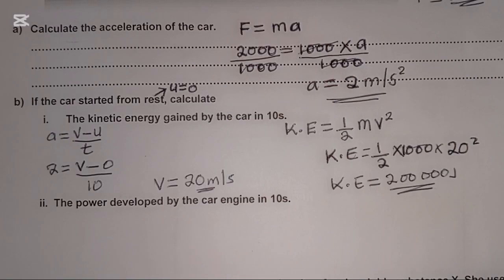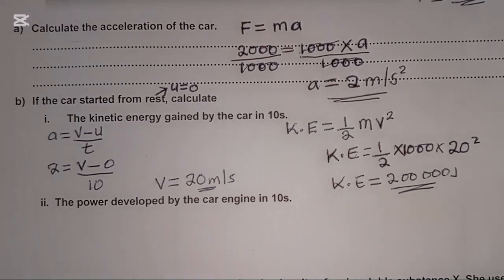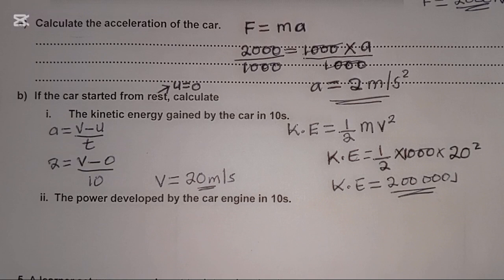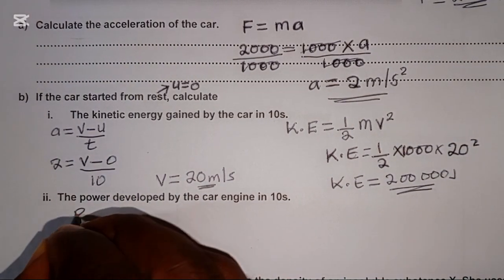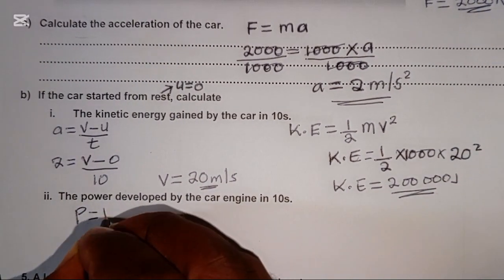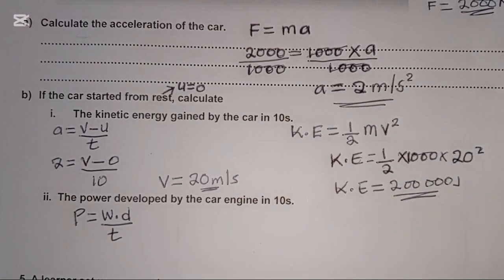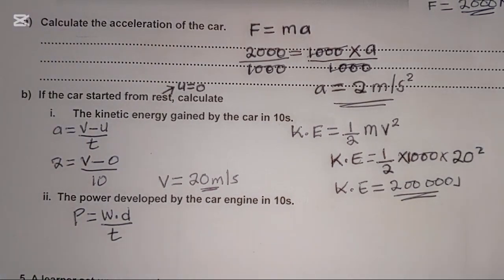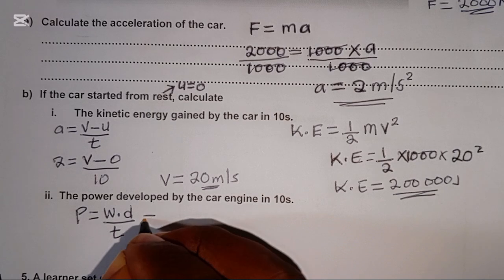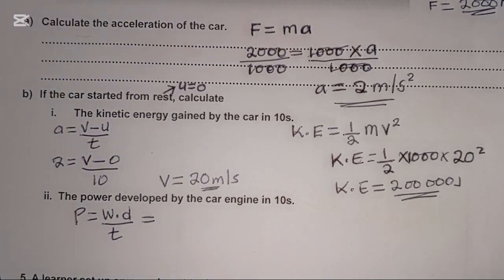So this is the answer. Then part 2, calculate the power developed by the car engine in 10 seconds. So power is given by this formula: power is equal to work done divided by the time taken. So work done is equal to potential energy.